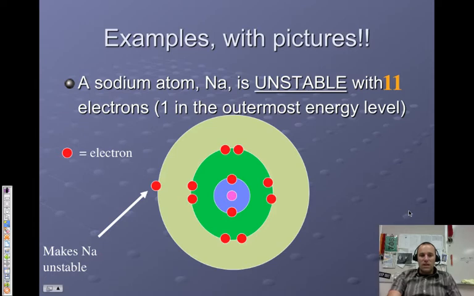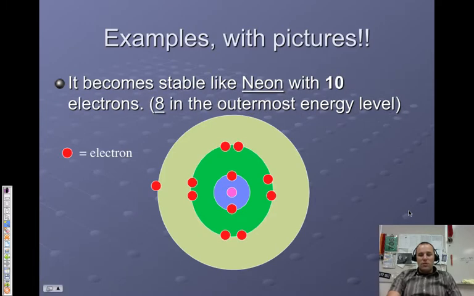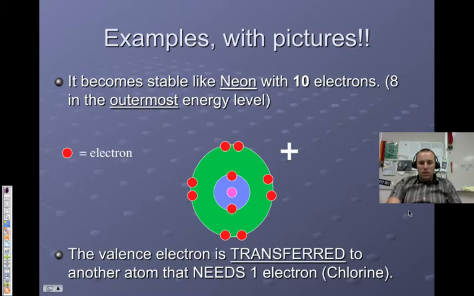Okay, so you can see here it has 1 valence electron. That's what's making it unstable. Okay, if it were to give up that 1 electron, then it would become stable like neon, because look, poof, if you take away that 1 extra electron, look how many electrons you have in the outermost energy level now. You have 8, okay?